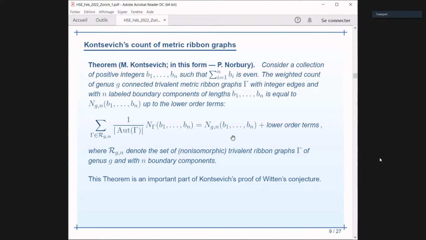Then let's... Yes, Mish. Anton, can you show the previous page? Previous with respect to this one?